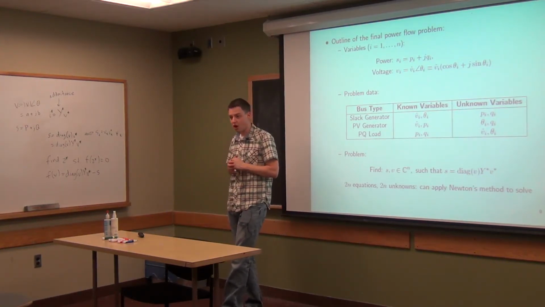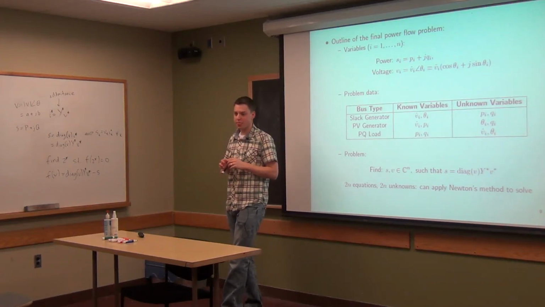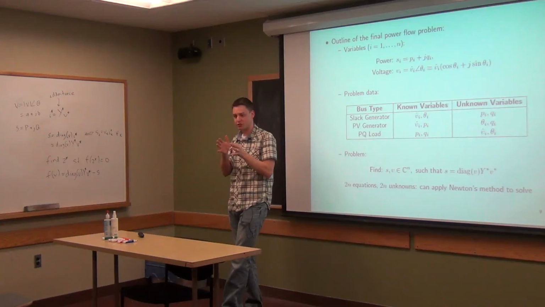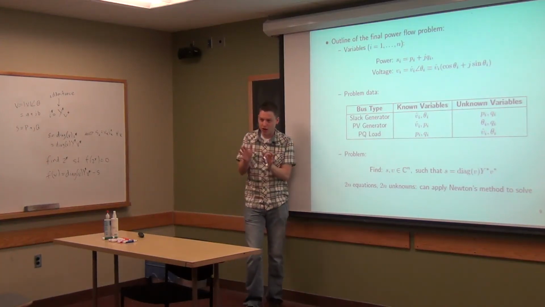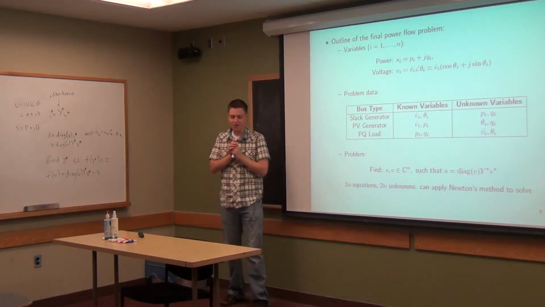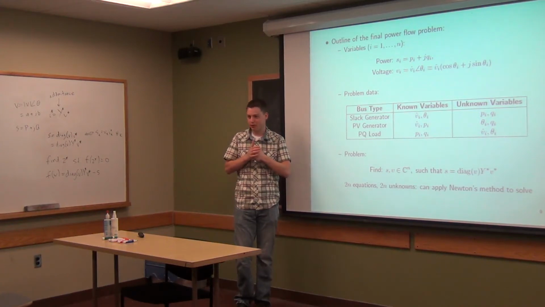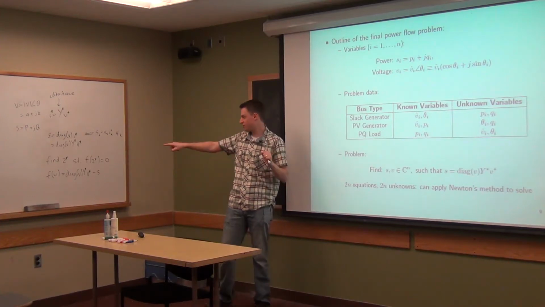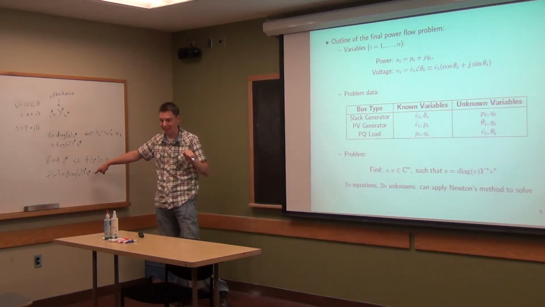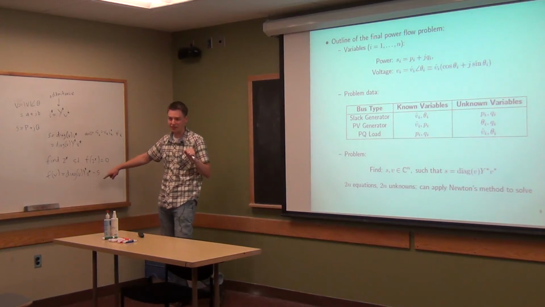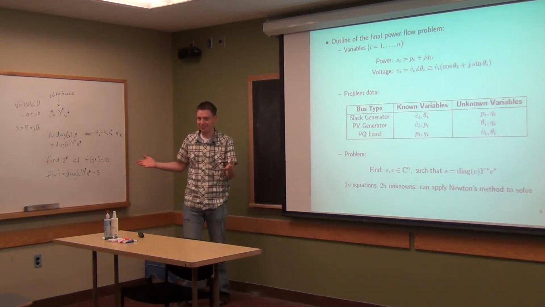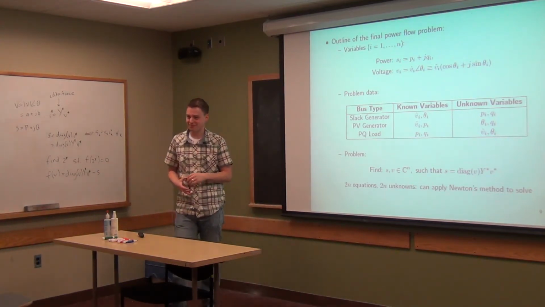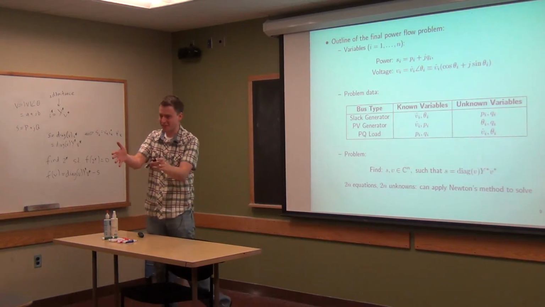And oftentimes the voltage angles are the most critical thing to grid stability. We won't talk about this, but if you've ever heard of voltage collapse, this is something that happens when voltage angles get too far out of phase. Essentially these equations stop having solutions, is what mathematically is happening here, and that's really bad for the grid. You don't want that to happen. You get things collapsing, which is what you would expect: the grid collapses.